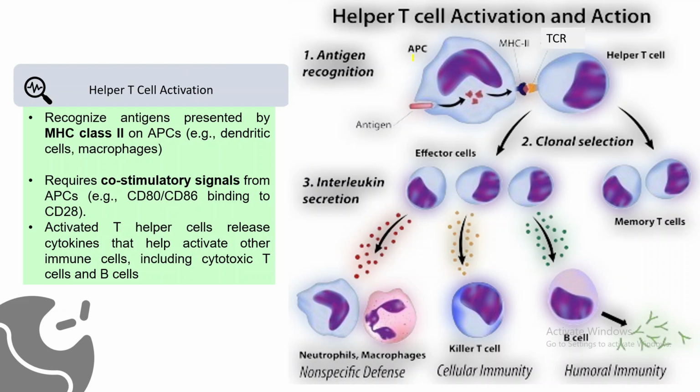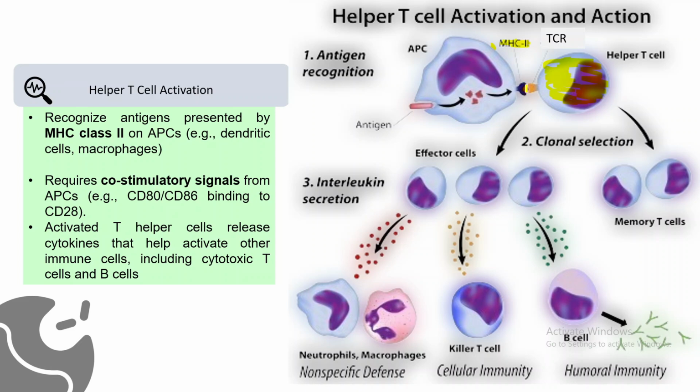Once this helper T cell gets activated, in the beginning, let's say this is a helper T cell, and this helper T cell is activated by this MHC class 2 molecule, and this MHC class 2 molecule basically presents an antigen.